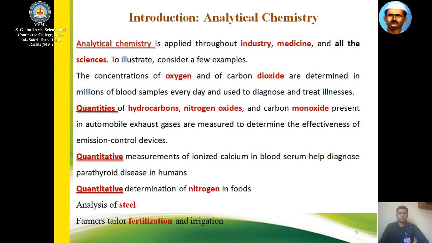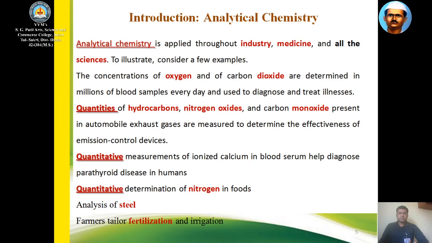Industry means any type of product-making agencies, whether medicine or non-medicine, all types of industry where a chemical or any food material is made, and that food material should be analyzed up to its quality regarding the content of vitamins, proteins, or carbohydrates.